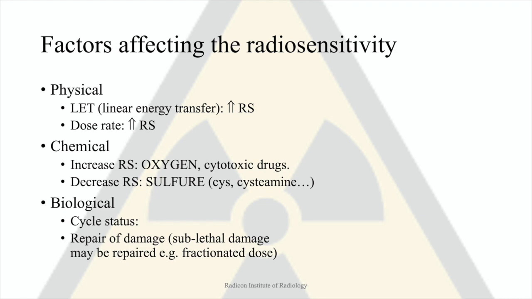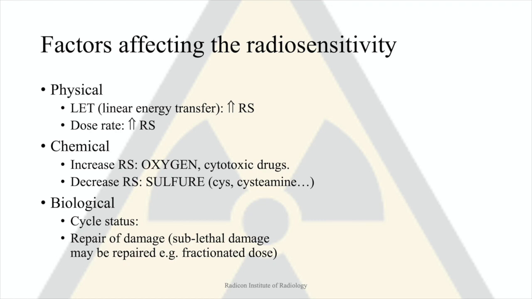Physical factors such as higher linear energy transfer, dose rate, and chemical factors such as oxygenation and drugs can influence radiosensitivity. As discussed in the previous slide, certain biological effects such as mitosis and cellular injury can also have an impact on radiosensitivity.